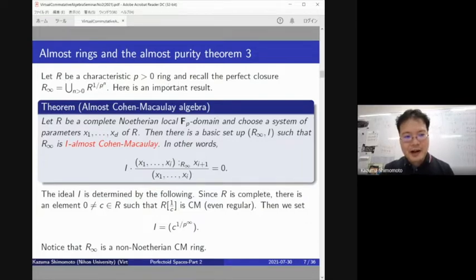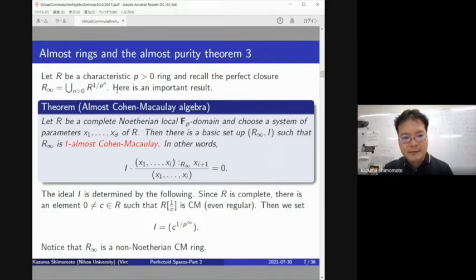Let's take R to be a characteristic p ring, and then we recall the perfect closure, or maybe direct perfection of R. I think I used a different terminology, but I decided to use R infinity to be just an ascending union of overrings of R by adjoining all p-power roots of R. So it's just an ascending union, and then taking all n, we get a very huge extension.